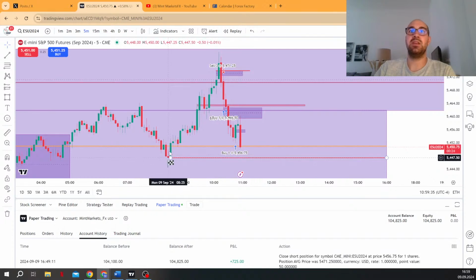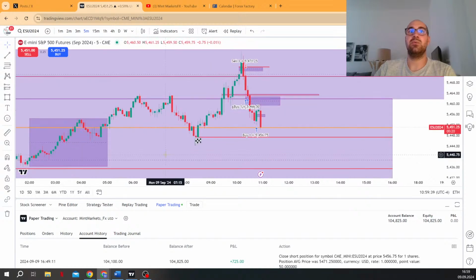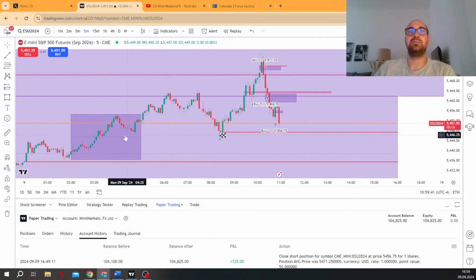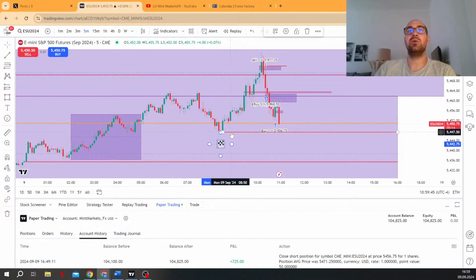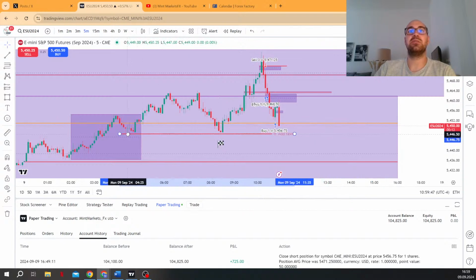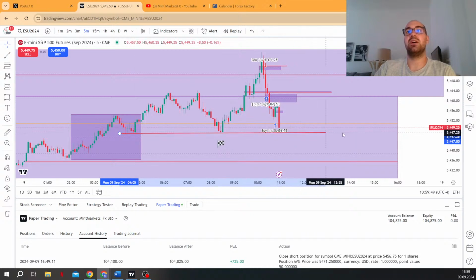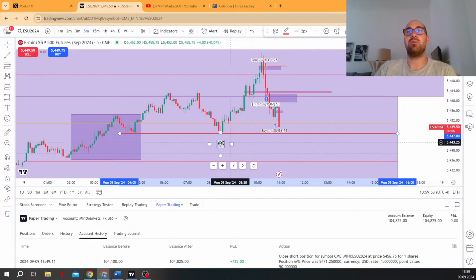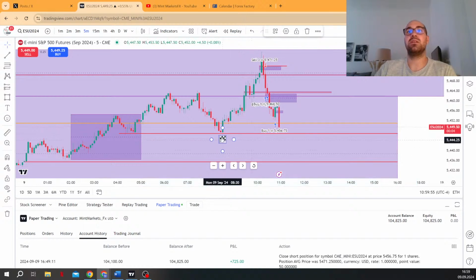Here was the initial consolidation, and we have this very nice equal lows here. So let me use this line now. So we have relatively equal lows here, and that's why this low was for me a target.